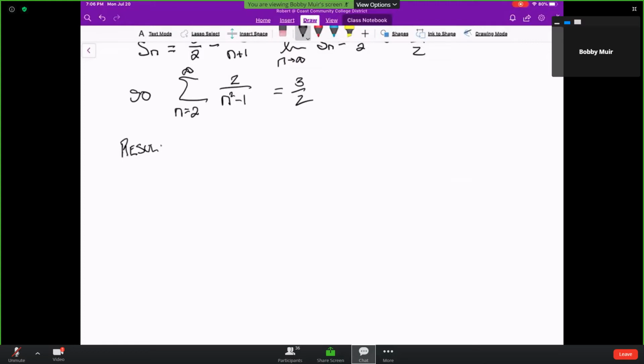Result. Suppose the sum k equaling m to infinity of ak converges, and suppose that the sum k equaling n to infinity of the bk diverges.